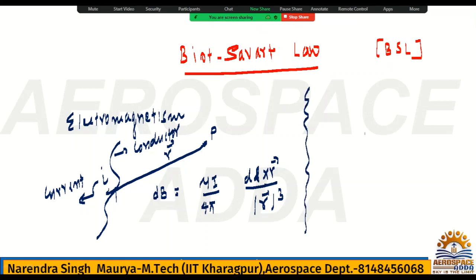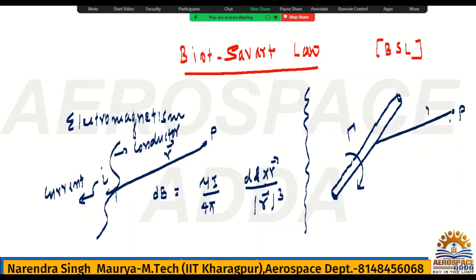Now I am considering this is the vortex tube, and in this vortex tube, this is gamma, which is nothing but circulation, at any point P. P is the one point and it is at distance r. r is the position vector for this vortex tube, and I can take this length, which is nothing but dl.